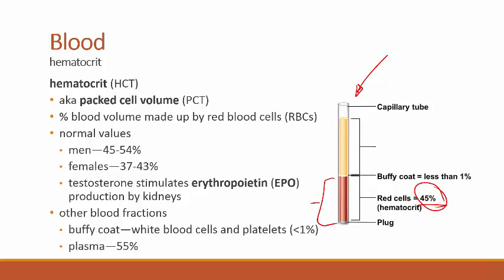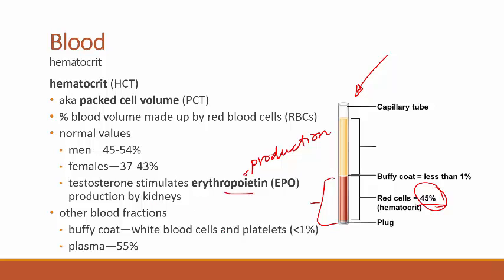Testosterone is a great stimulant to the kidneys, telling them to make a hormone called erythropoietin. Anytime we see poietin, that means production. So erythropoietin is a hormone that is produced by the kidneys in response to low blood oxygen.